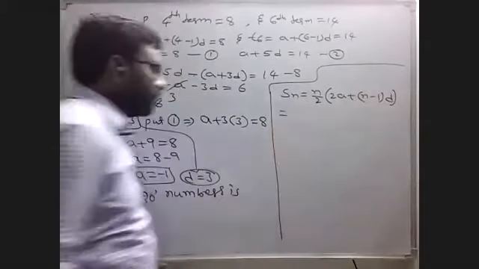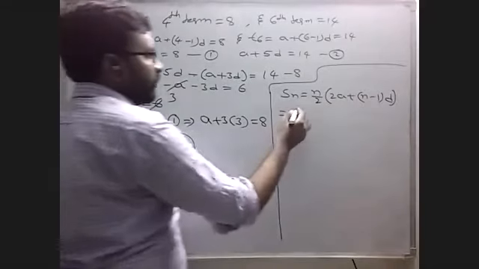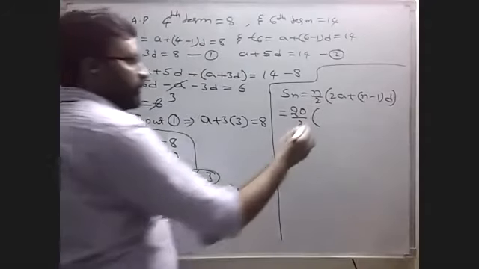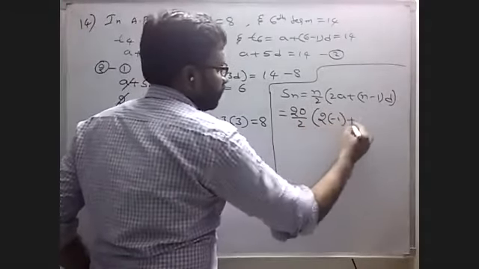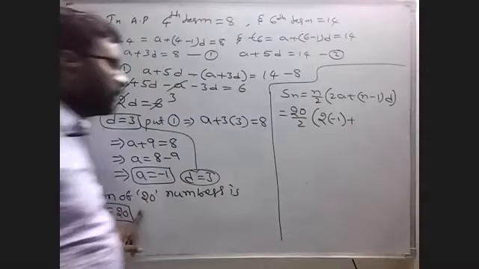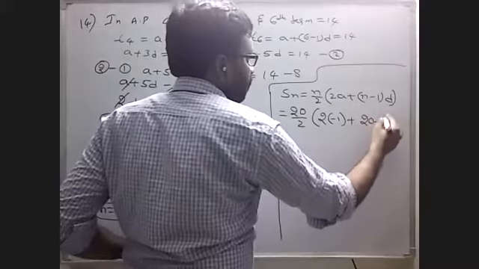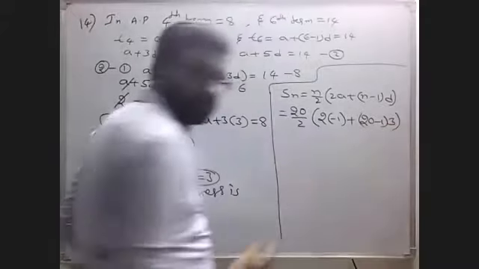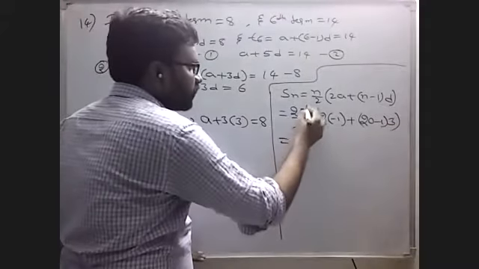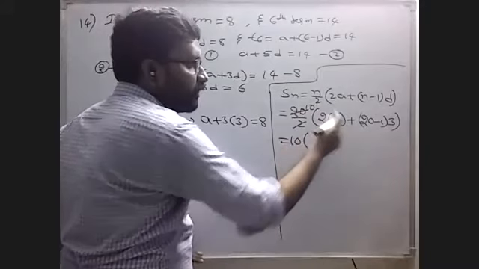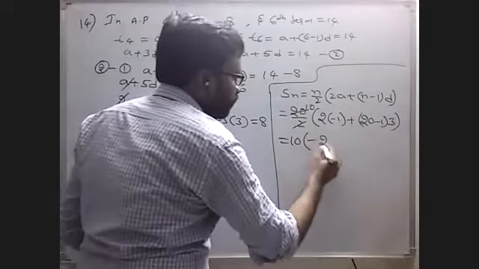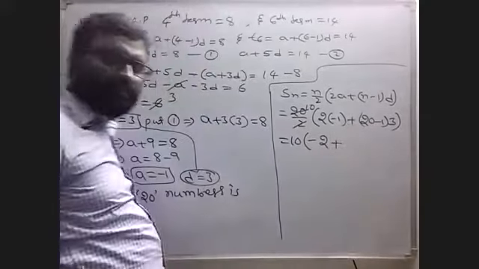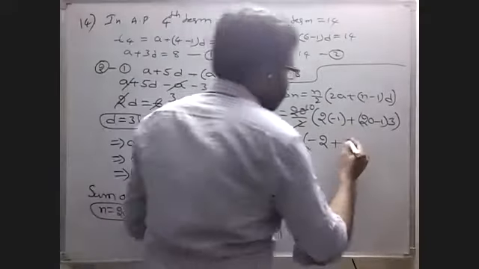Now this is equal to 20 by 2 of (2 into minus 1, plus (20 minus 1) into 3). Two tens are 20. 10 into (2 into minus 1 is minus 2, and 19 into 3 is 57).